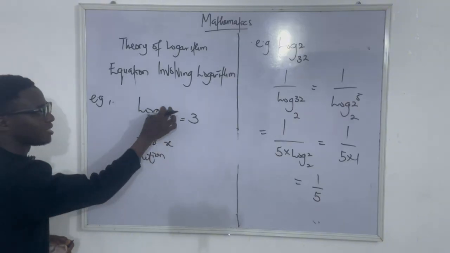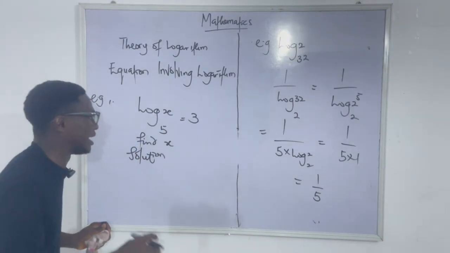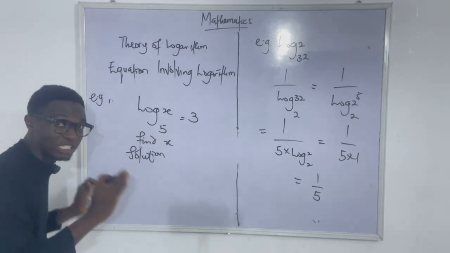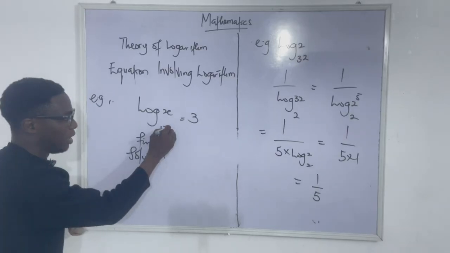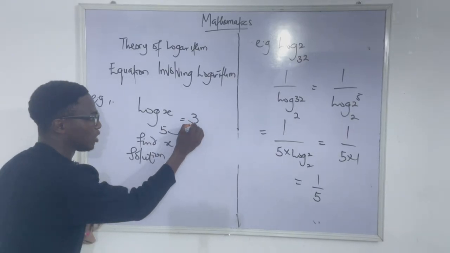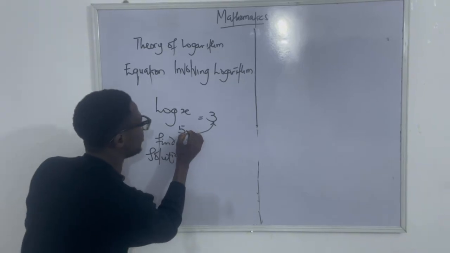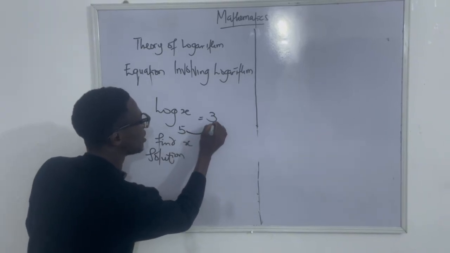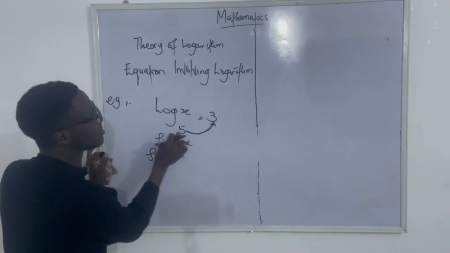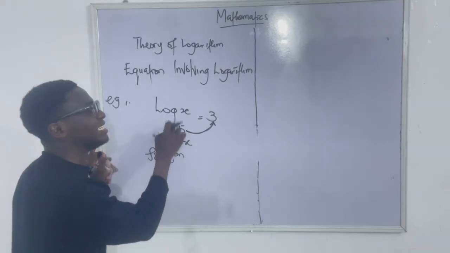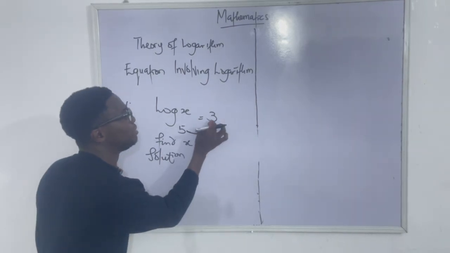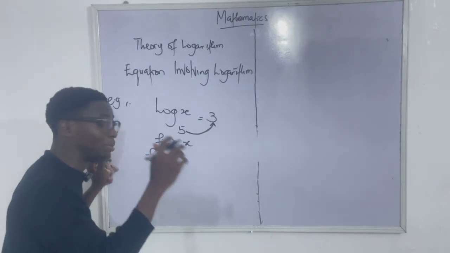Although, we can now say, for example, solution. For this to be easily simplified, for the log to disappear, this 5 will come to be the base, in index form, and this 3 will be the power.